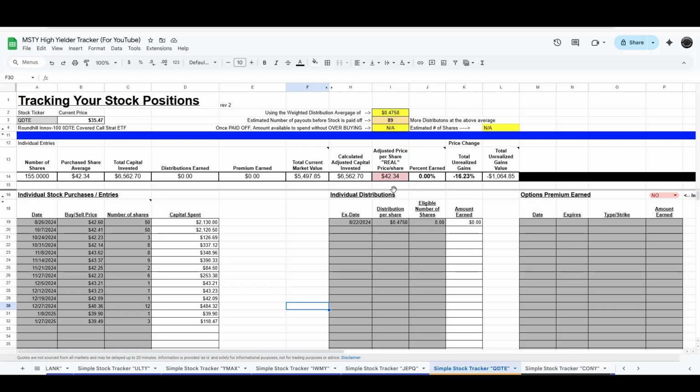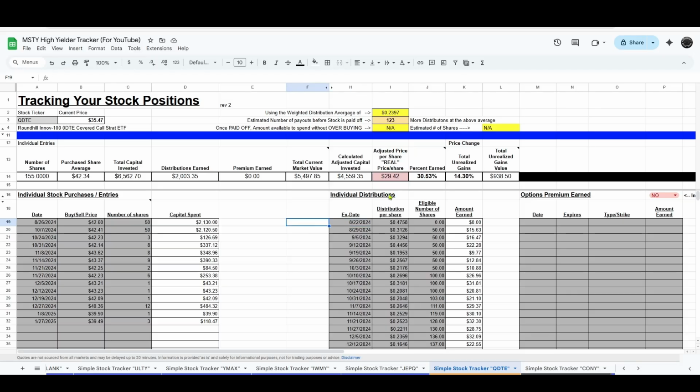And FYI, I have not entered this, so we are both going to find out what it is at the same time. So entering in all of my distributions, that gives me my real price per share of $29.42. All right. Well, at least I am under the current price of QDTE.